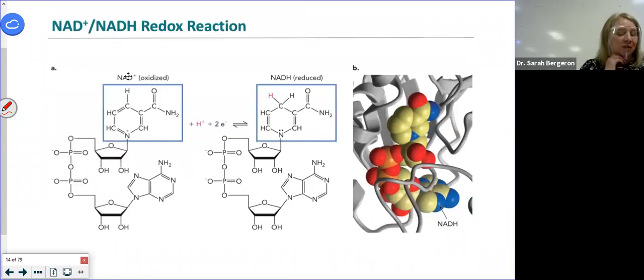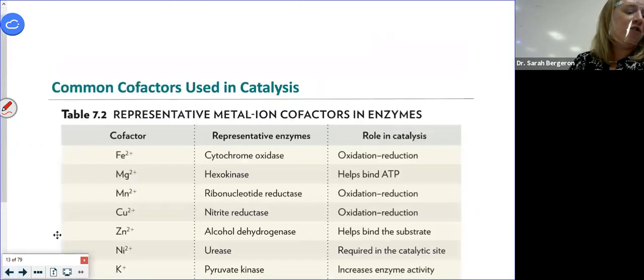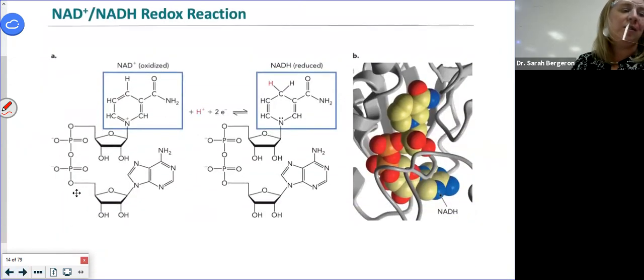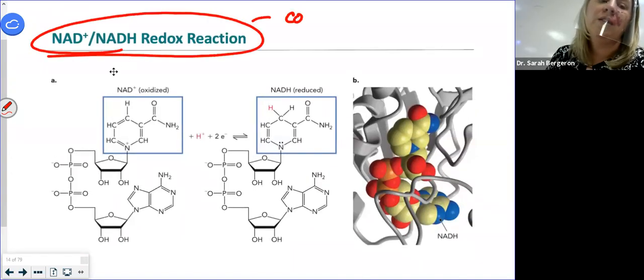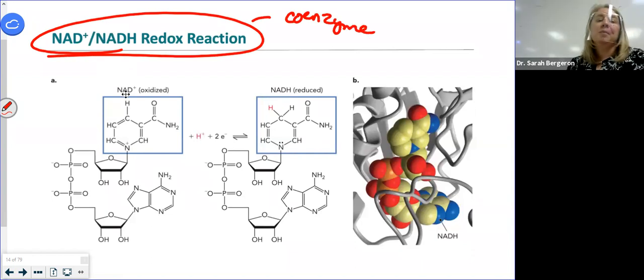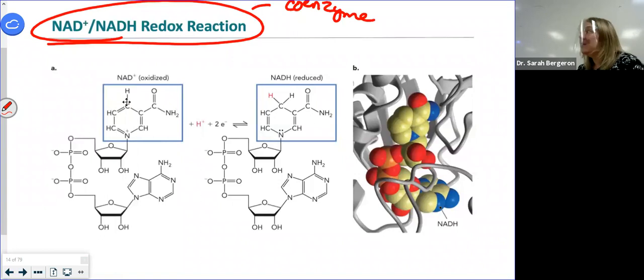So let's look more specifically at NAD+ and NADH. So this is a cofactor. Sorry, no, they just show cofactors here. They don't show coenzymes. So this is a coenzyme, right? Because this is organic. So this is our coenzyme that is going to be important for many different reactions within energy transfer reactions that we're going to talk about so much.